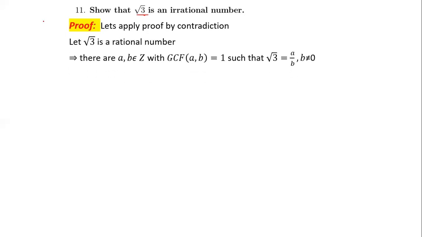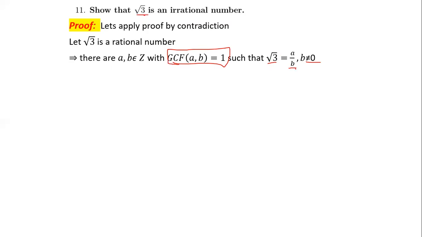So it must be written in the form a over b, satisfying this condition: radical 3 is equal to a over b, where b is different from 0, and a and b are integers. Don't forget this one, that a and b are relatively prime numbers.